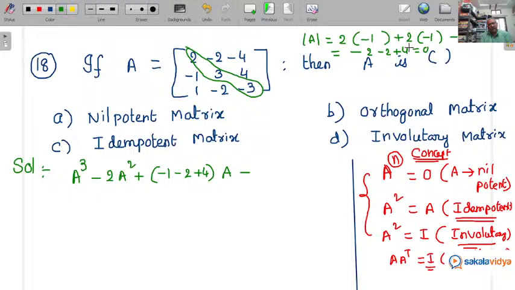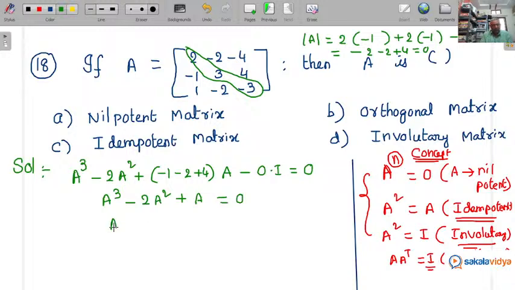So the determinant will be 0. So you will be getting 0 into I is equal to null matrix. Then what do we get now here? A cube minus 2A square, this will be 4 minus 3, 1, A equal to O.